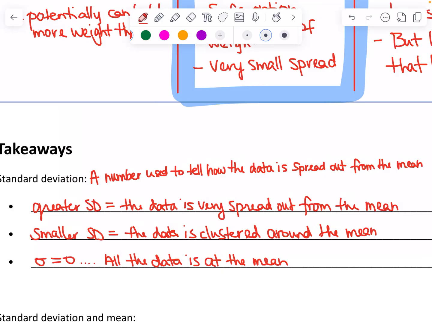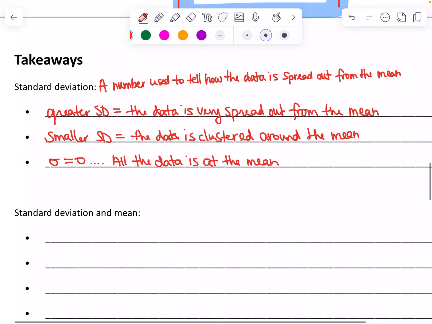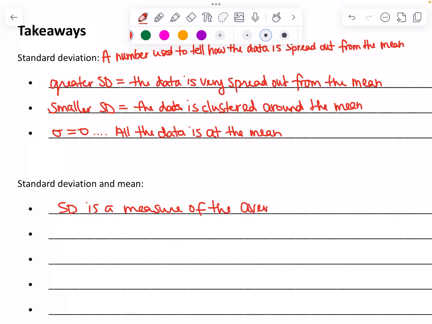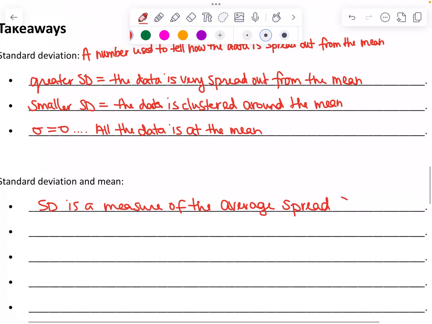All right, let's fill out our next part, standard deviation and mean. Okay, so standard deviation is a measure of the average spread from the center. So it's always measuring how far away from the center, from the mean. Okay, what else?